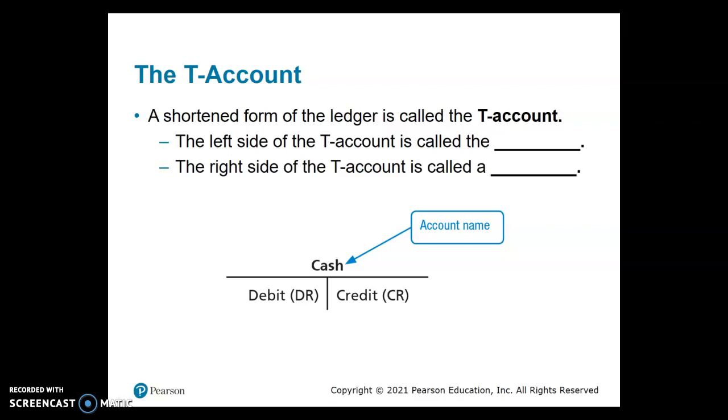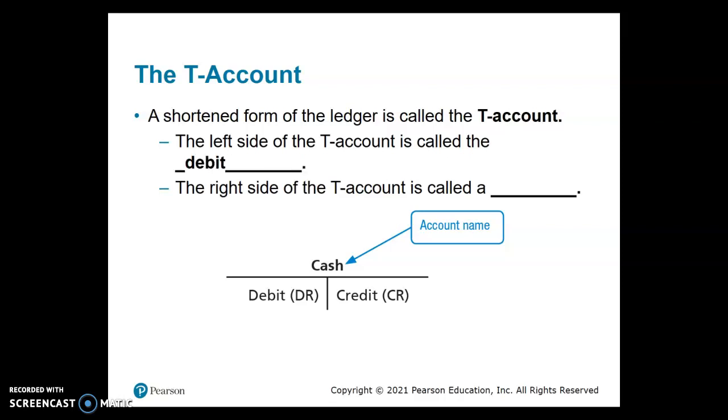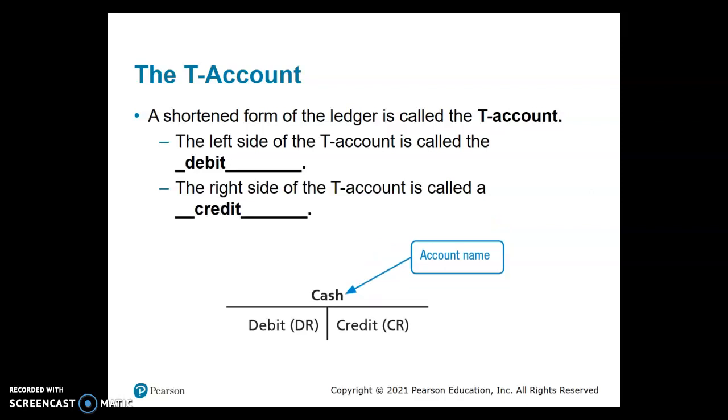The left side of the T account is called the debit, and the right side is called the credit. That's the only thing that you should associate with the words debit and credit.